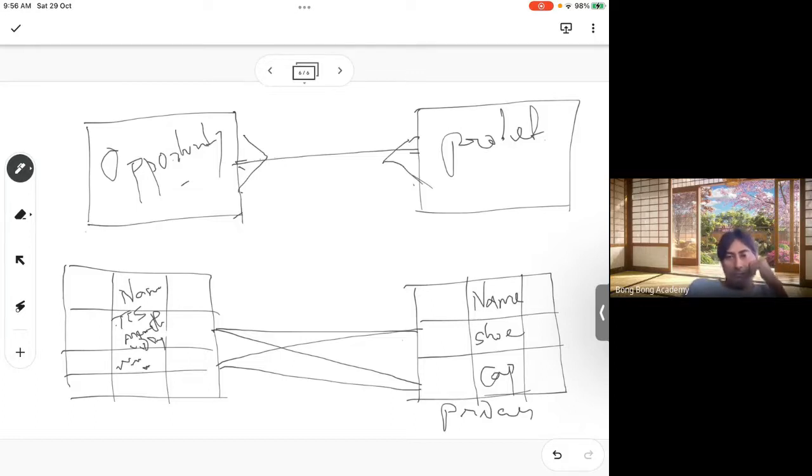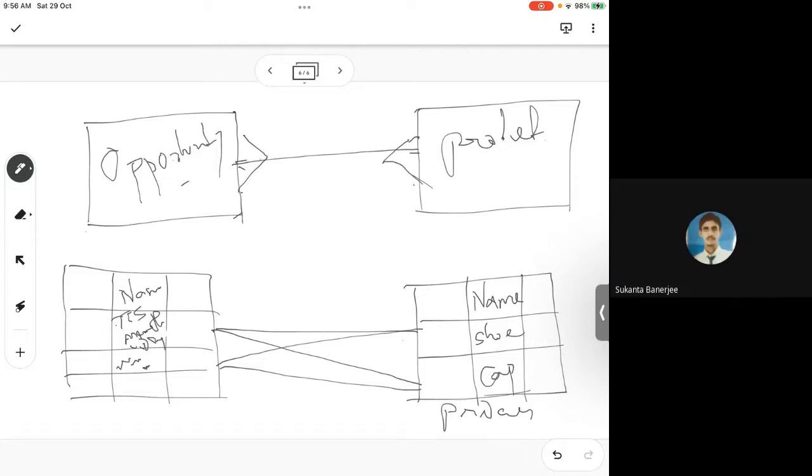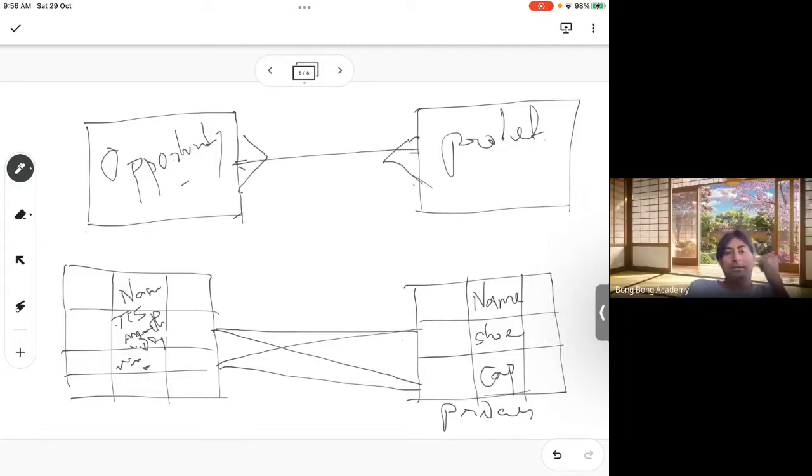Clear? Many to many relationship in Salesforce cannot be done between two tables directly.